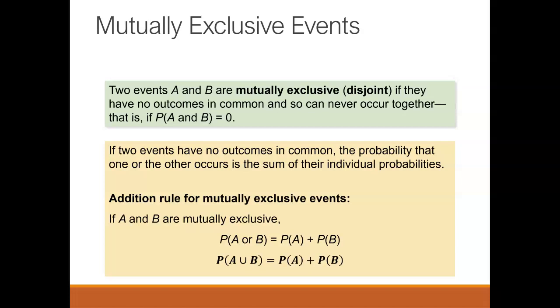Can you get both of them happening at the same time? Nope. So the probability should be 1 out of 6 plus 1 out of 6. Everybody's okay with that?